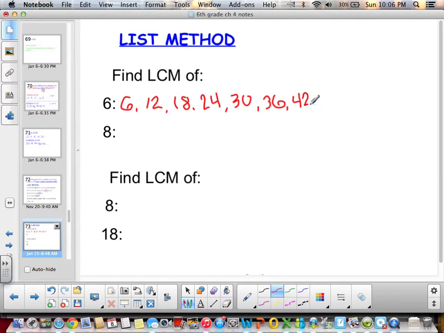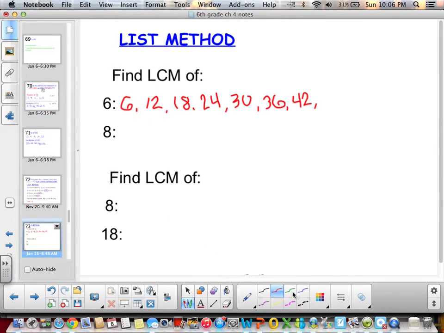Sometimes it's hard to know how far to go out, but I would say do a good 6 or 7 for the first one. If you're going on the second one and you go past this number, then you may need to go back and add more multiples. But for now, we'll just stop at 42.